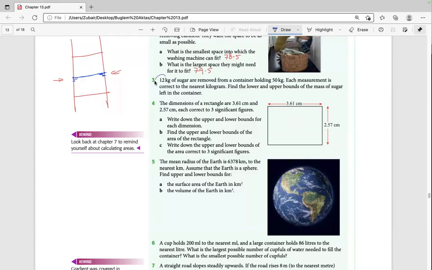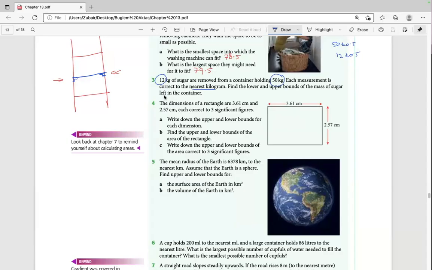Before we subtract, we need to select the higher and lower values. Each measurement is correct to nearest kilogram. So we are talking about 50 plus minus 0.5, and we're talking about 12 plus minus 0.5. Can't we just do that after we subtract them? Or we have to do it before?